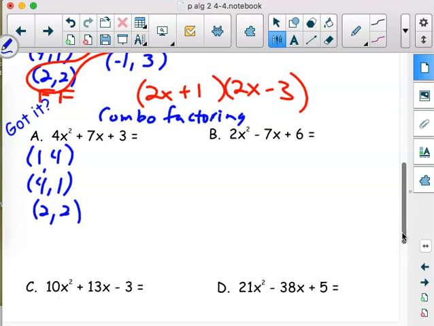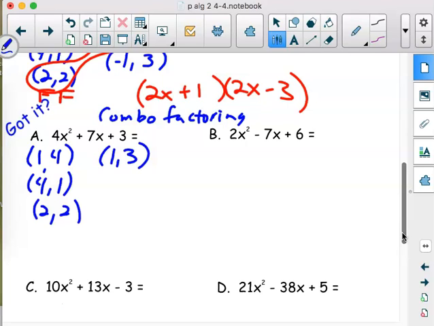So what numbers are we looking at? Three and 1. Yeah, that's it. So do your outside times outside plus inside times inside.